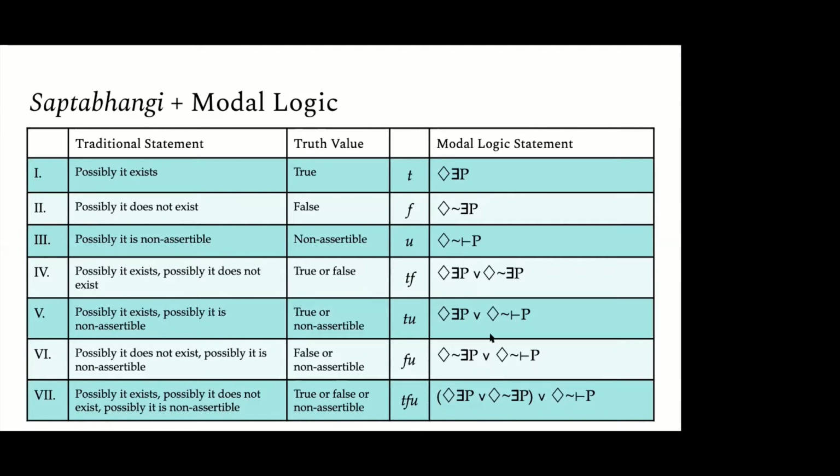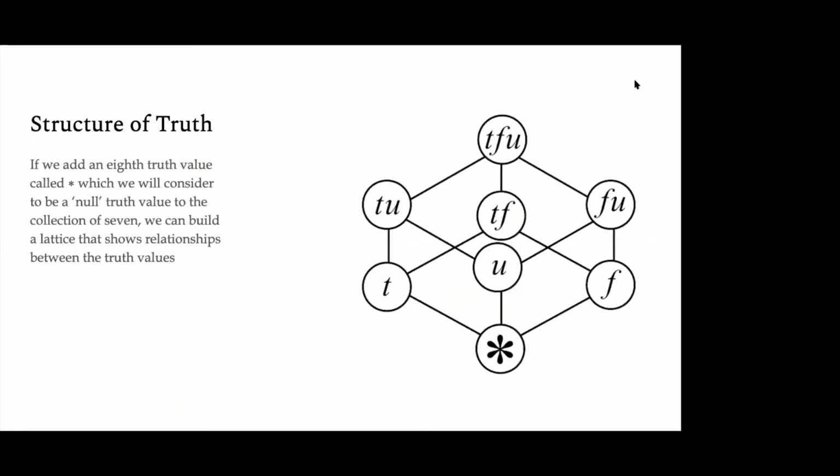But all of this is stated within the realm of the possible. An interesting thing that arose when I was working on this at Math Club was that these truth values correspond to a nice lattice if we allow for a null truth value, which we could have a philosophical interpretation that is still open.